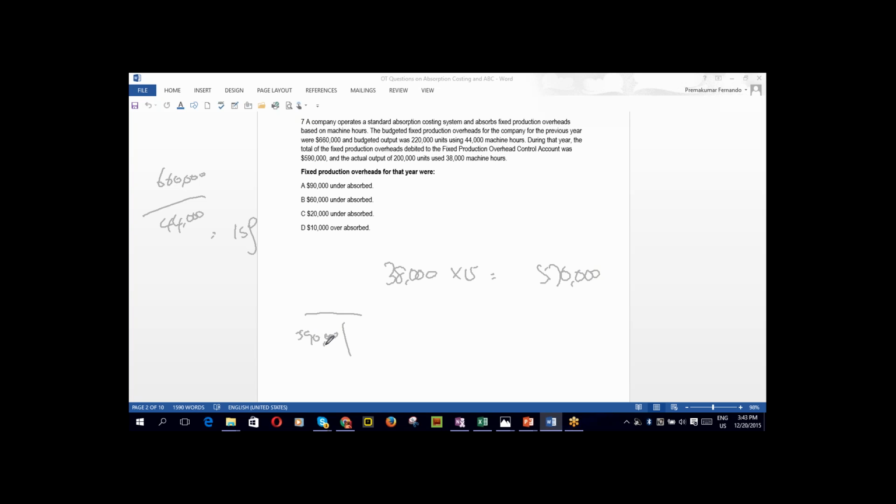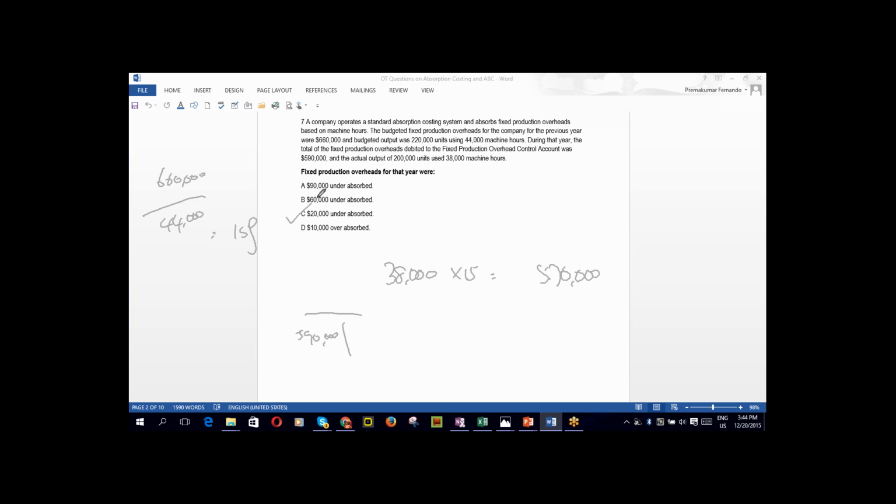Spent 590, recovered or absorbed 570. So is it over or under? Under. By how much? 20,000. Under absorbed by 20,000. That's the right answer.